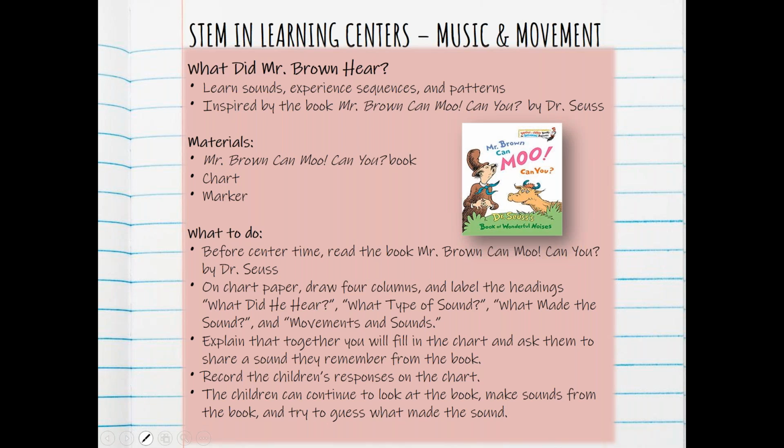What type of sound? What made the sound? And movements and sound. And then you're going to explain to your students that you're going to fill in the chart and ask them to share a sound that they remembered from reading the book. You're going to make sure you record all the children's responses on the chart and then continue to look at the book, make the sounds from the book, and try to guess what made that sound.